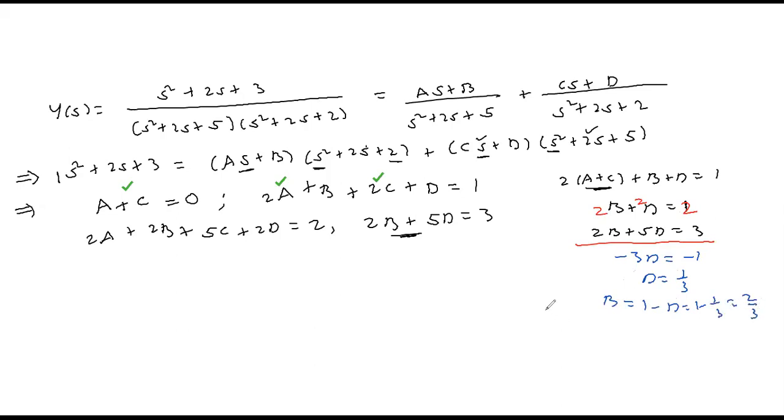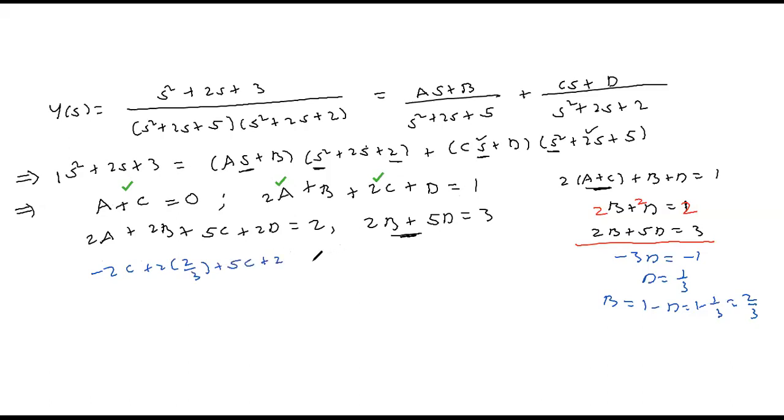Is that okay? Now substitute those values here. A equal to minus c, so minus 2c plus 2 into b, which is 2 by 3, plus 5c plus d.